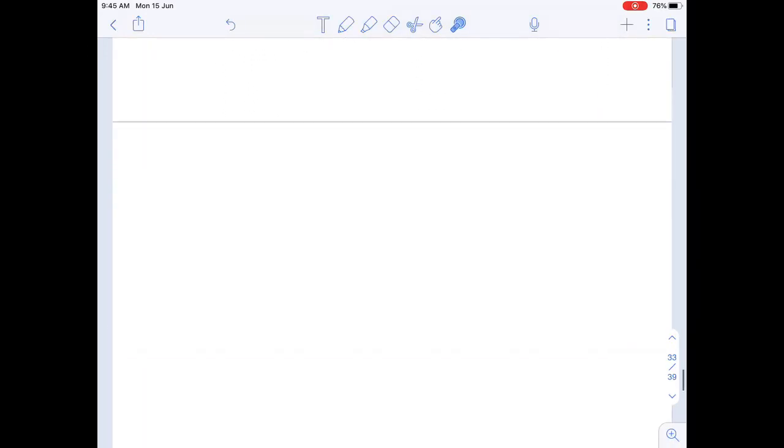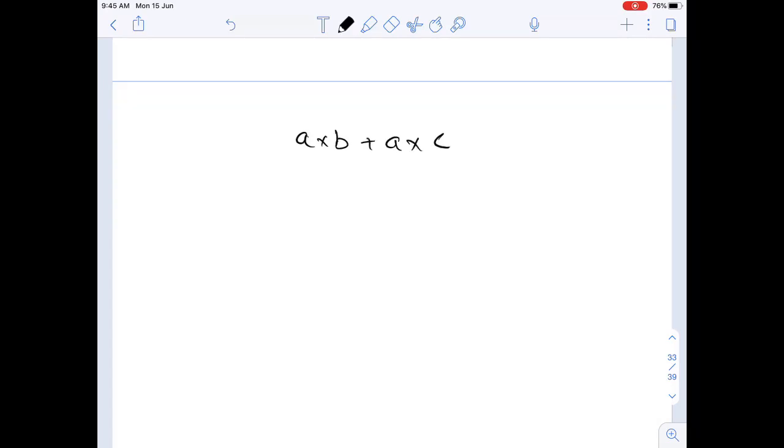Now converse means, suppose it is given in this way, a into b plus a into c. So remember that a into b, these both are factors. If a multiplication sign is present between two numbers, then they both are known as factors.